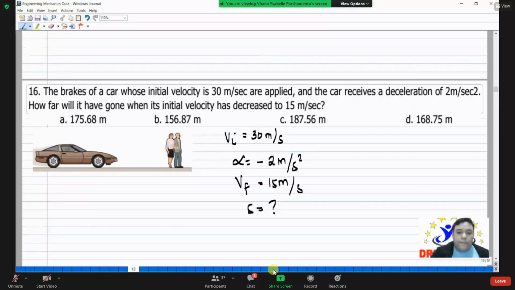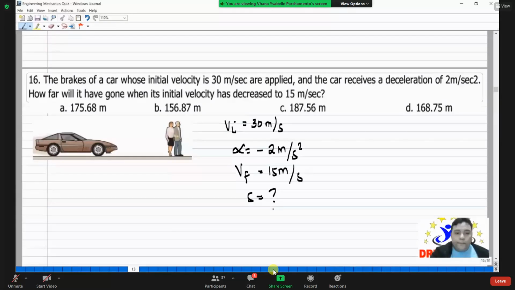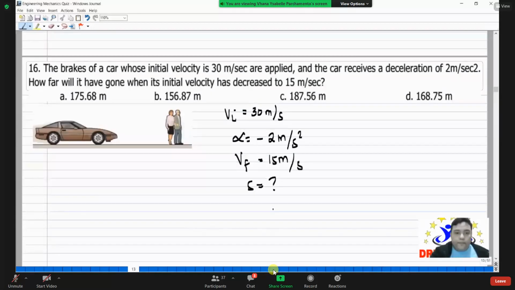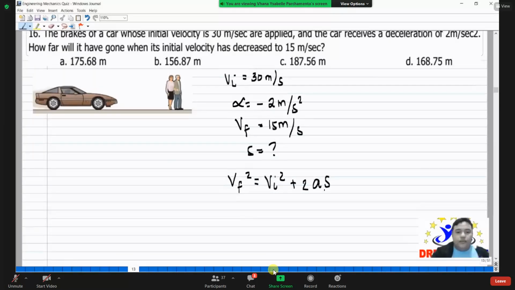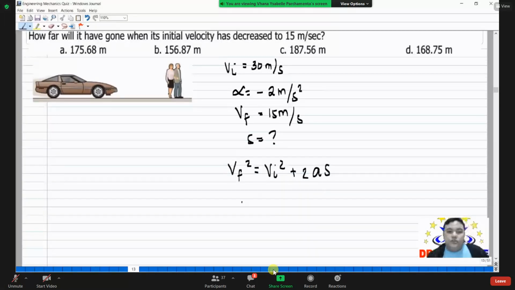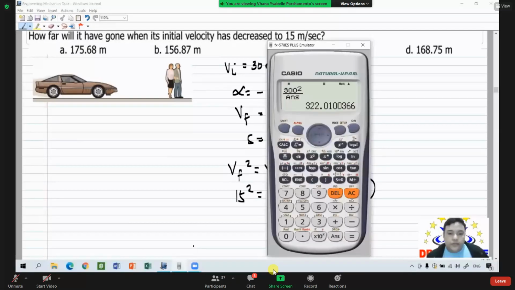So using your formula, so siguro para hindi matamaan, nag-decelerate siya. Okay, so that is VF squared is equal to VI squared plus 2AS. Okay, so substituting, so that is 15 squared is equal to 30 squared plus 2 times deceleration of negative 2 multiplied by S. So shift solve na lang to.